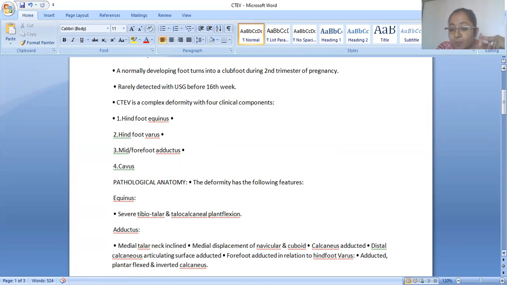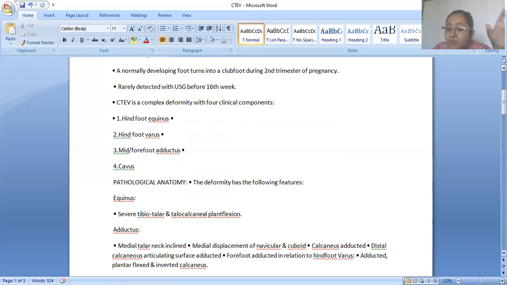Then medial displacement of the navicular and cuboid bones will be there. So other than the talus, the other tarsals are involved here: the navicular and cuboid. Along with the medial inclination of the talus, the navicular and cuboid bones will also displace to the medial direction.